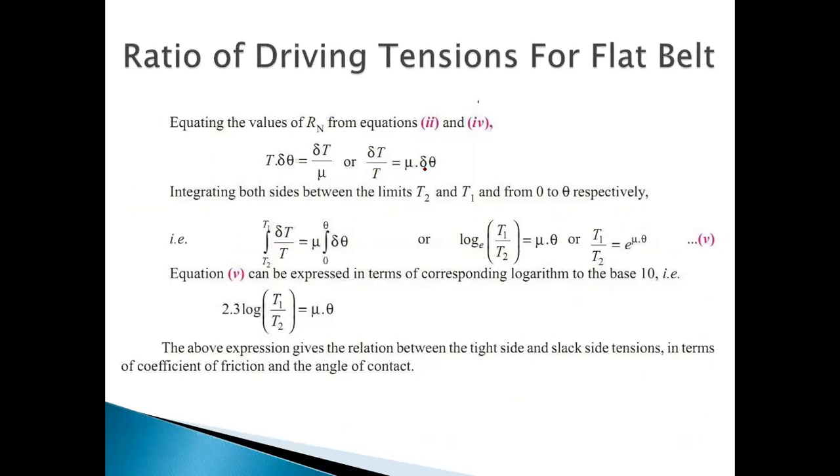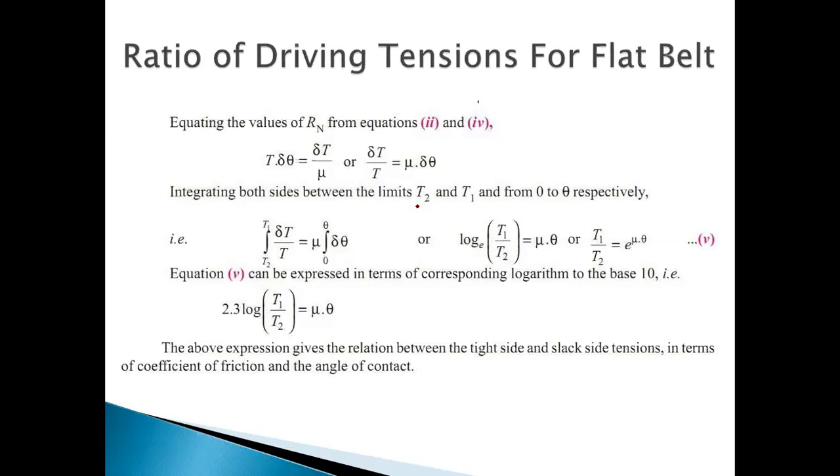Now integrate both sides between the limits T2 to T1 and from 0 to theta respectively. So we get the integration of T2 to T1 of delta T by T is equal to mu times the integration of 0 to theta of delta theta.